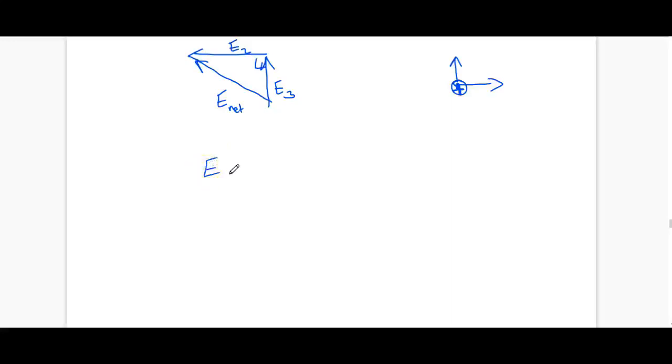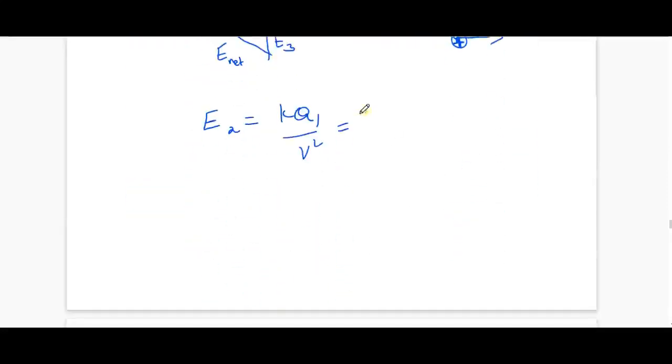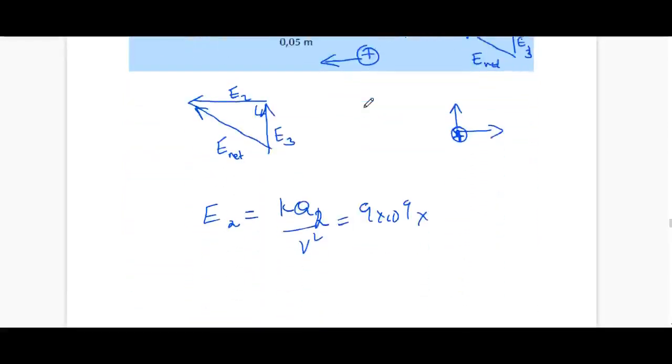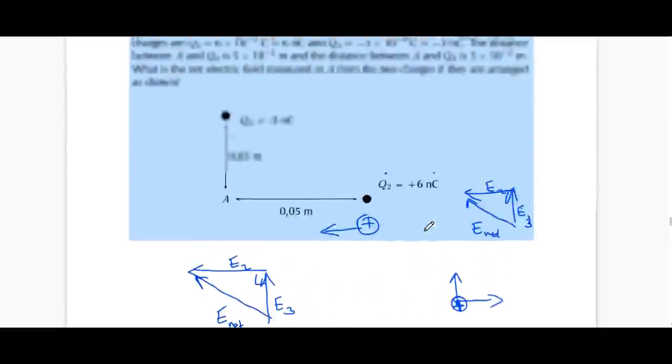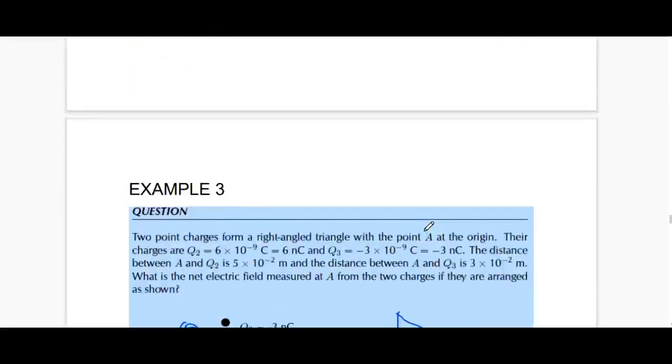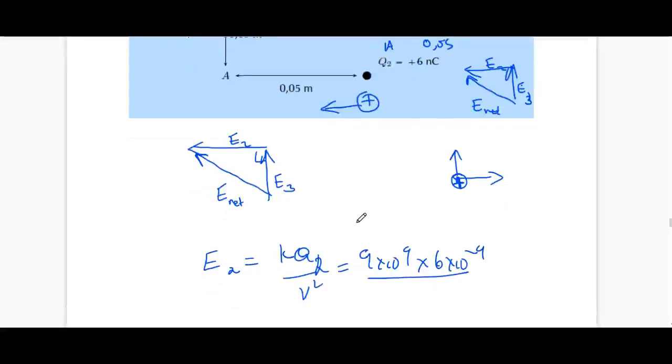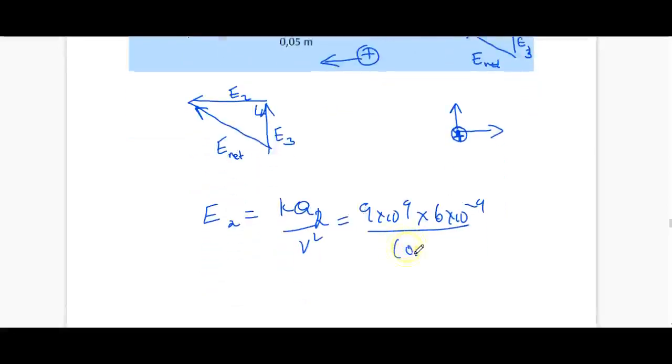First of all, I'm going to calculate E2. E equals kQ over R squared, which is 9 times 10 to the power 9 multiplied by Q2, 6 nanocoulombs, divided by 0.05 meters all squared.